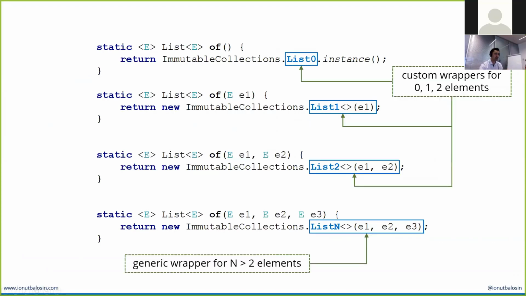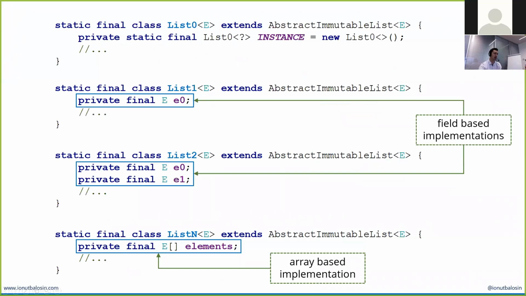Roughly speaking, we have custom wrappers for 0, 1, 2 elements, and starting with the third element there is this ListN. How do these list wrappers look? For example, List1 contains only 1 element. List2 contains E0 and E1. And ListN contains this array.